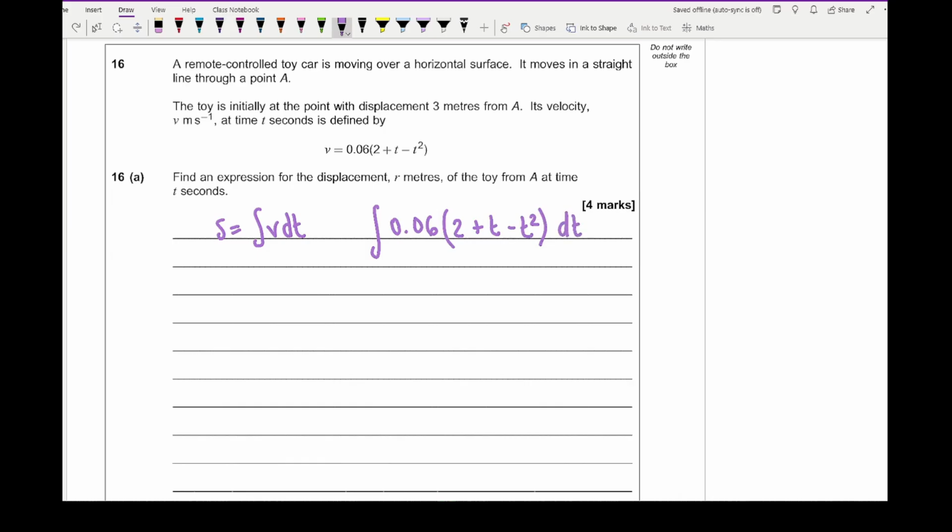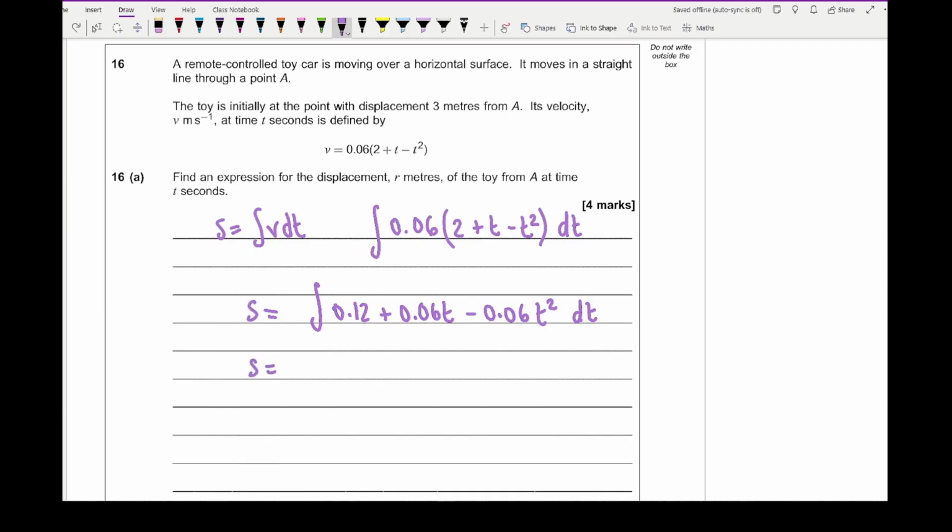You can multiply out the bracket, so we get 0.12 plus 0.06t minus 0.06t squared, and we're going to integrate this with respect to t.